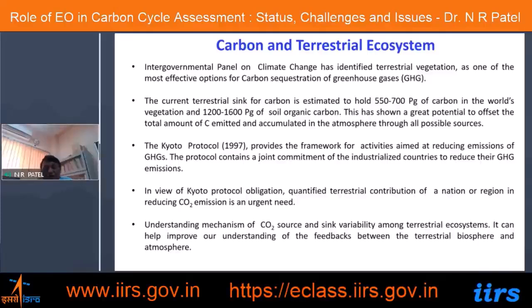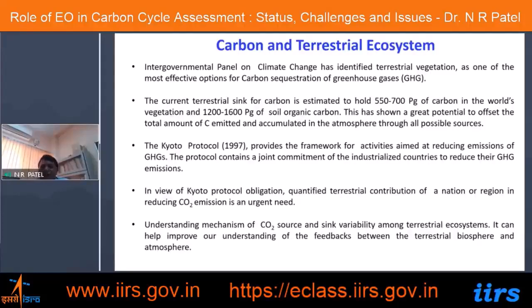But what mitigation process is required depends on the successful alteration of the natural as well as managed system. IPCC has already identified terrestrial vegetation, whether natural or managed, as one of the most important and effective options available to any country for carbon sequestration of greenhouse gases.